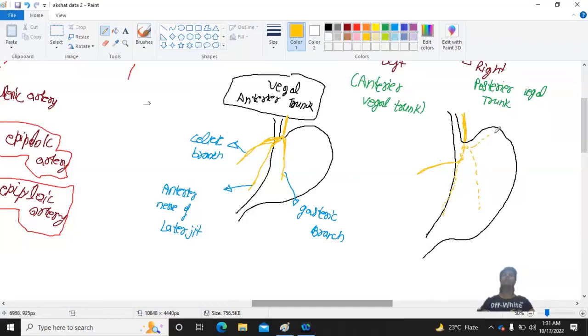First, this is the celiac branch. This is the posterior nerve of Latarjet. Gastric, all are posterior branches. These are anterior, these are posterior. Gastric branch.